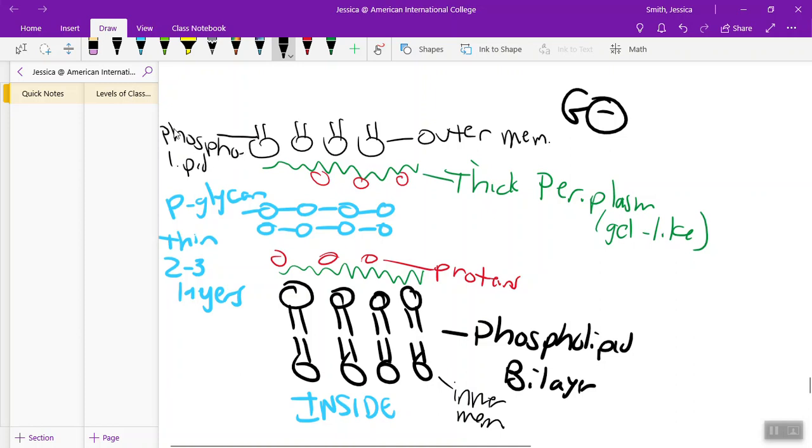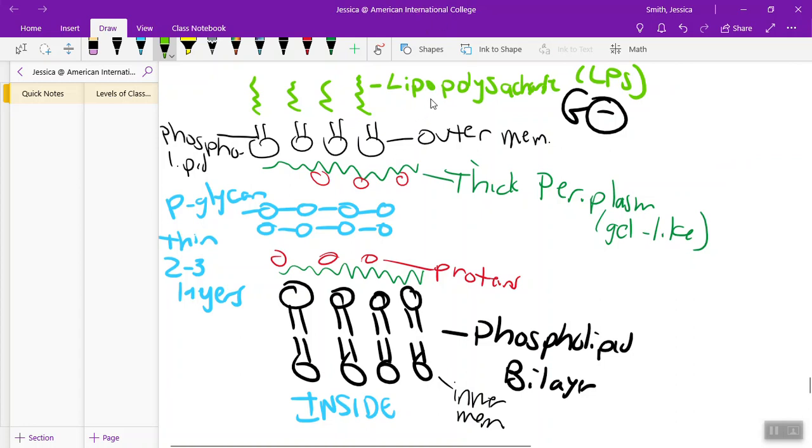The second layer is this special material. I'm going to draw it as a squiggly line right now, called a lipopolysaccharide. And I'm going to abbreviate this LPS. So the LPS is on the outside of the outer membrane.